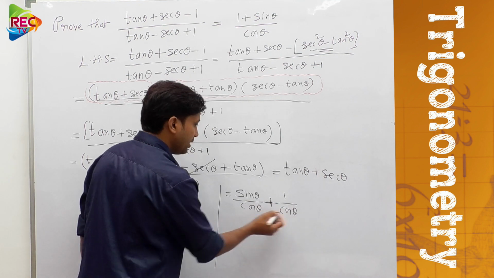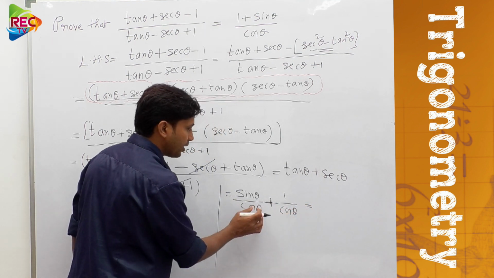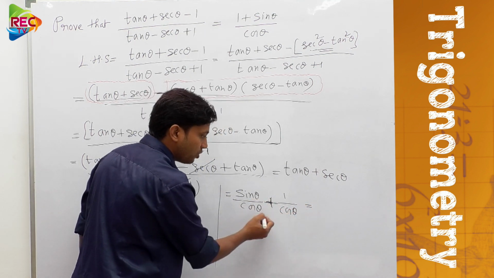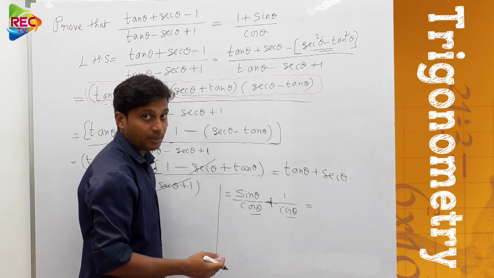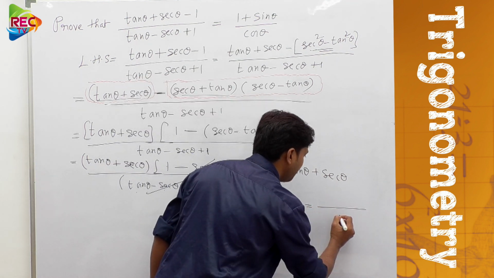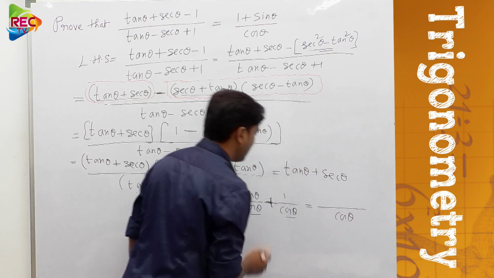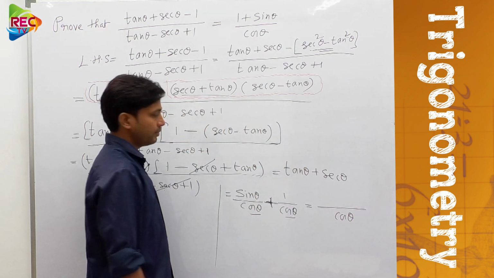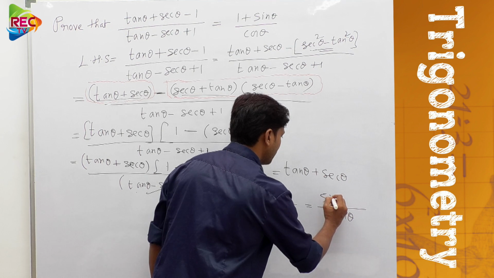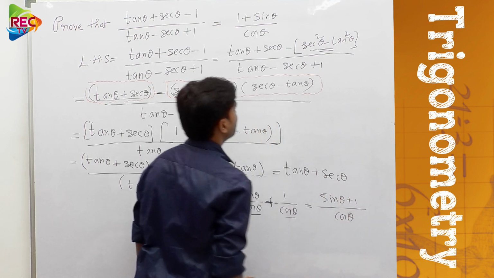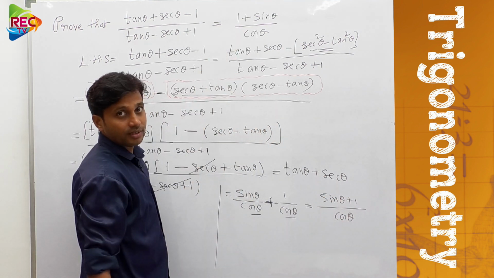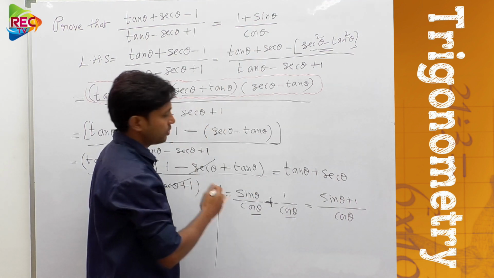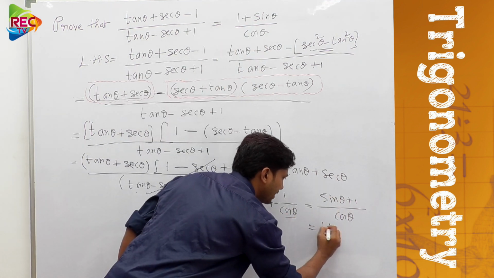So now what happens? If you want to simplify this further, these 2 are like fractions, no? Why? Because cos theta is the same in the denominator part, so we don't need to take the LCM. We can write cos theta as it is, and we can add the numerator parts. So this is sin theta plus 1. So that is what is obtained or not? We got the result. So that means it can be written as 1 plus sin theta or not?